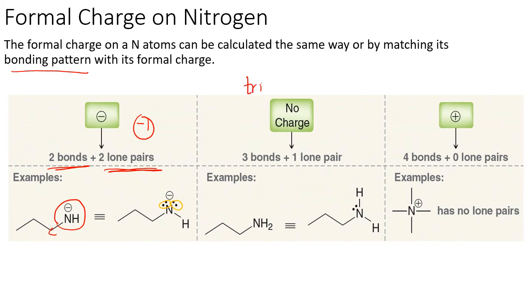Nitrogen is trivalent, so it likes to form 3 bonds, and when it does, it'll have no formal charge, or a formal charge of 0. So when you see 3 bonds, what's not being shown is that it has 1 lone pair on it. In our example below, nitrogen is bonded to a carbon and to 2 hydrogens. So we've got a propyl group, nitrogen, and then 2 hydrogens.